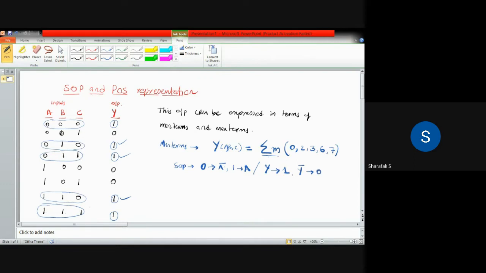Okay. So if you want the value of Y, then you have to take Y equal to 1 positions, and you have to choose the corresponding positions for the variables. Otherwise, if you choose 0, then you will be getting Y bar, the complement of that. But we need the output Y, so we have to take 1 when we are considering SOP.